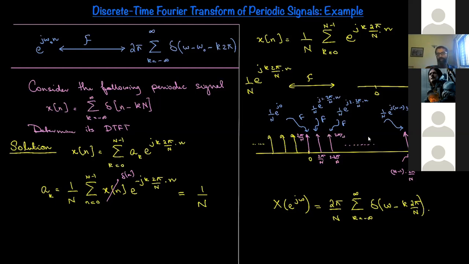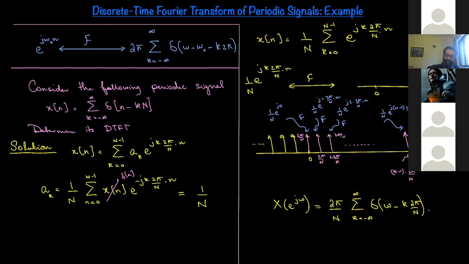And since all of these are constants, all of them have the same height of 2 pi by N. So it turns out that from minus infinity to plus infinity you're actually going to get a constant train of impulses, with the height of each being 2 pi by N, and they will be separated in the frequency by an interval of 2 pi by N. So this is the final result that you get.